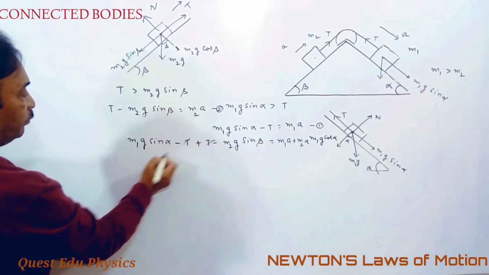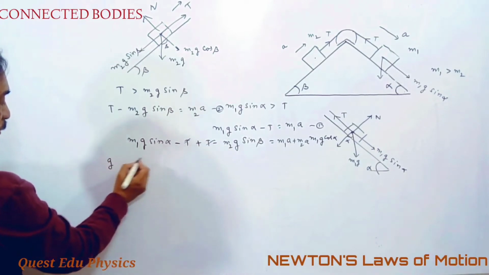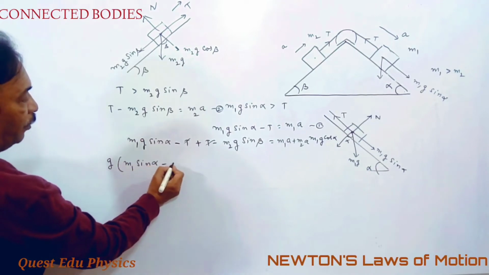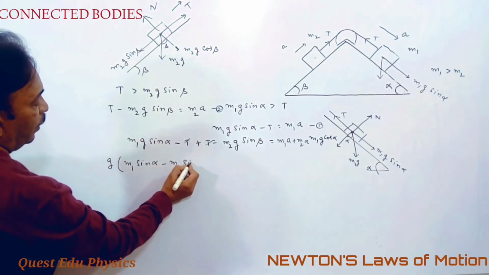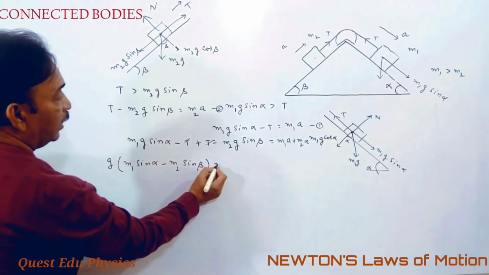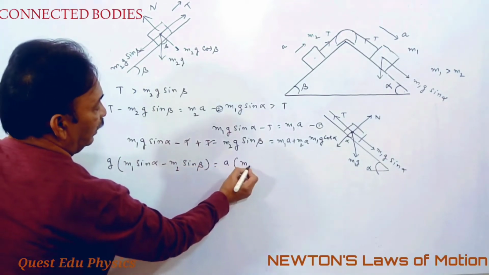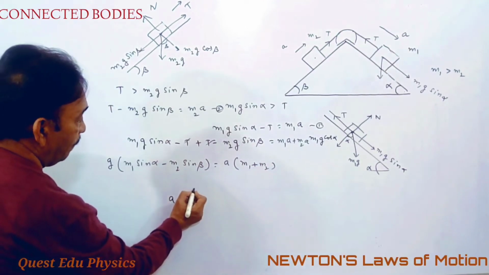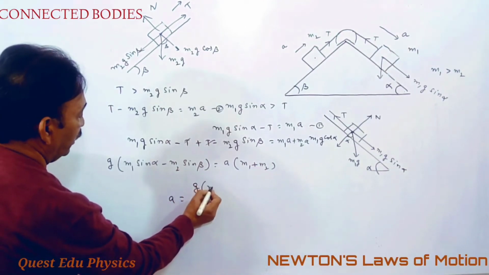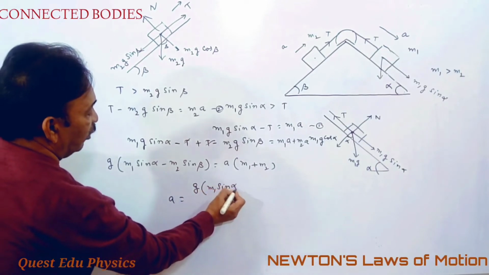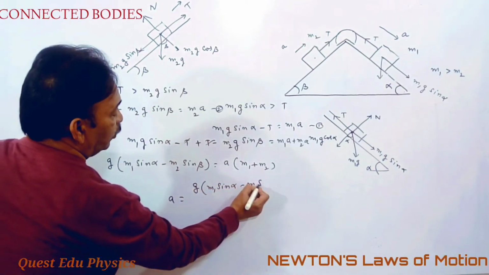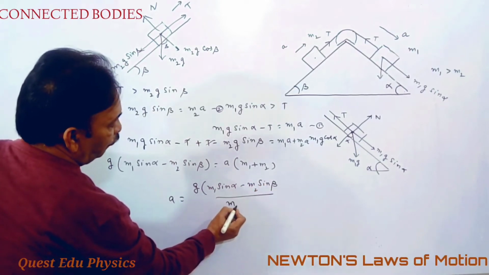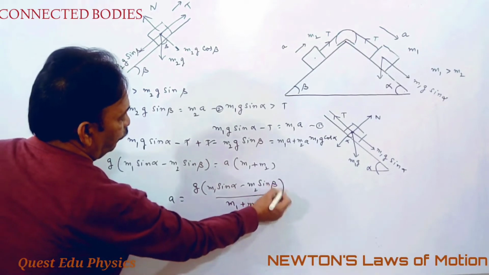Here T gets cancelled, and g of m1 sine alpha minus m2 sine beta is equal to a of m1 plus m2. Then we get a is equal to g of m1 sine alpha minus m2 sine beta by m1 plus m2.